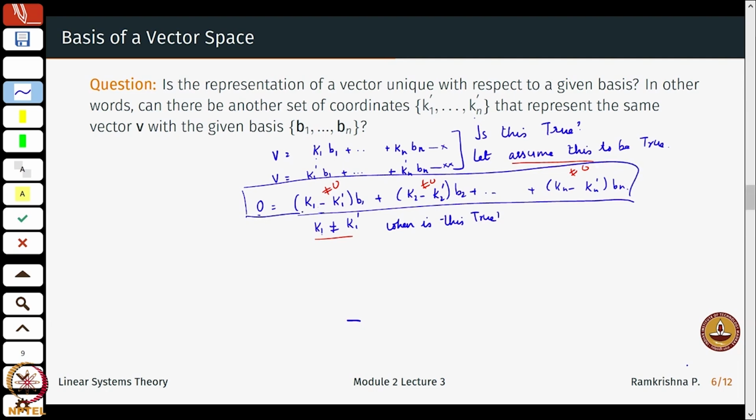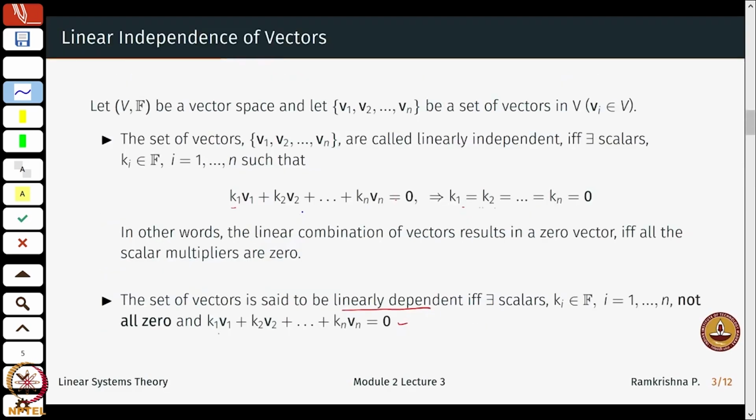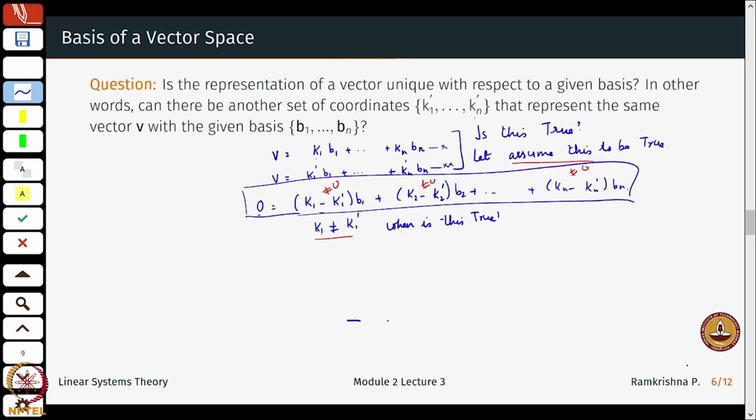Well, from the definition of linear dependence and linear independence, it will suggest that this is possible if and only if b1 till bn are linearly dependent. Okay.